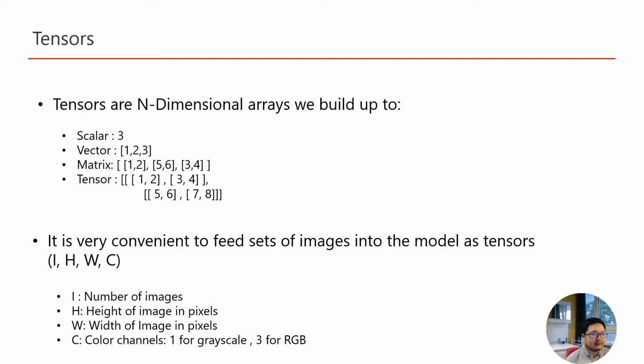It is very convenient to fit sets of images into models as tensors. So we have the dimensions like I, H, W, C, where I stands for the number of images, H stands for the height of images in pixels, W stands for the width of images in pixels, and C stands for the color channels. For gray images, it is 1, and for RGB images, it is 3.